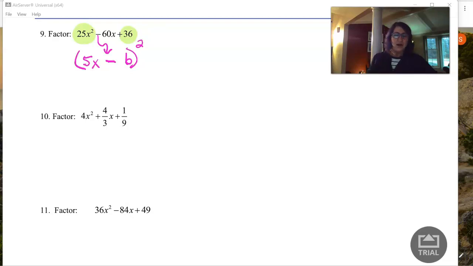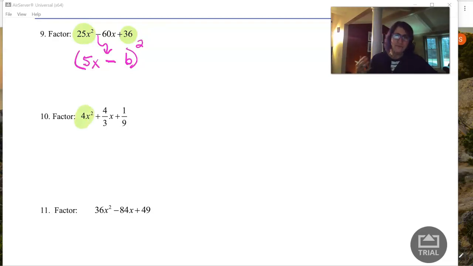Okay. Now, most people would look at problem number 10 and they would say, heck no. Too many fractions. Not even going to try. And I would challenge you to say, it's really not that bad. Now look at how I look at it. This first term, that's a perfect square.